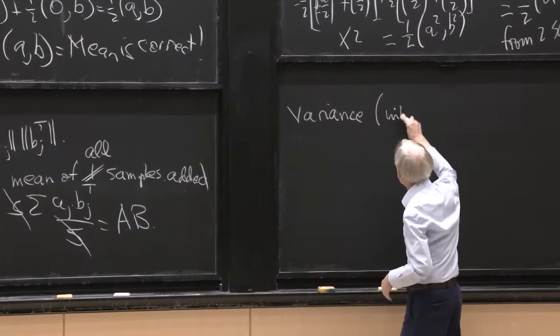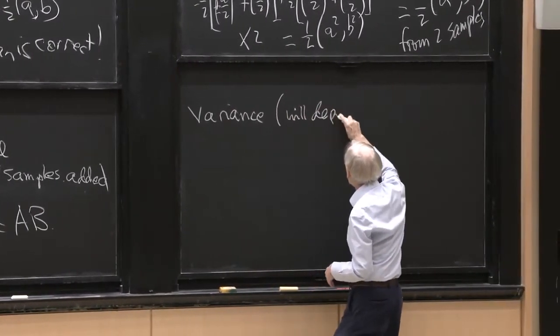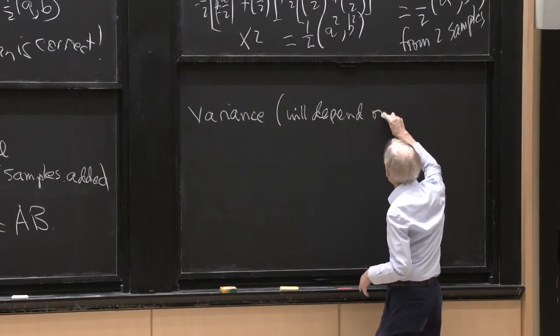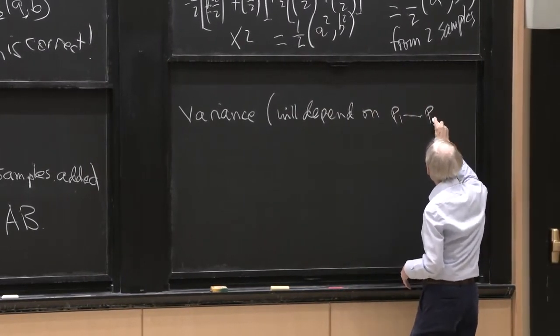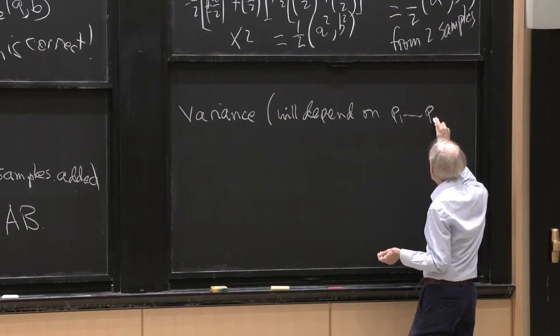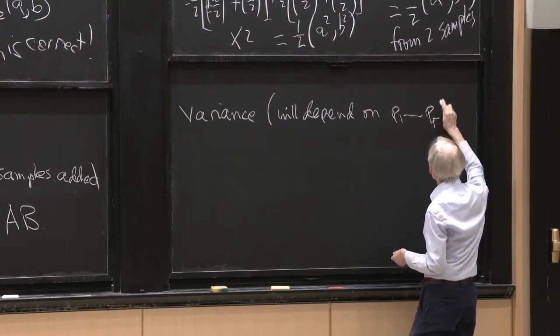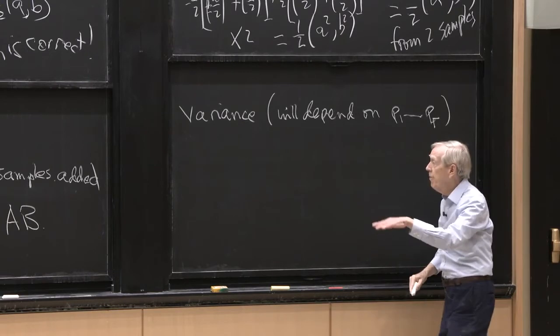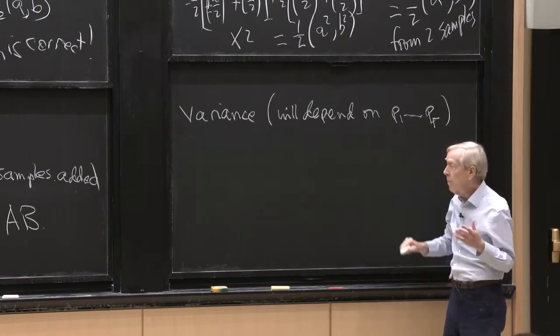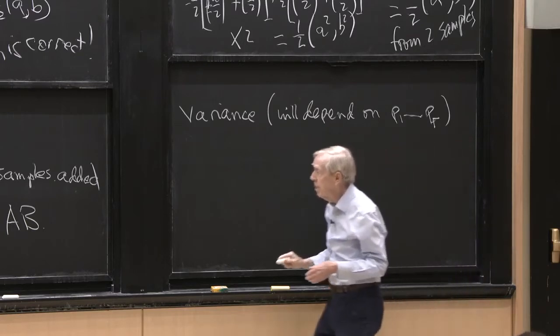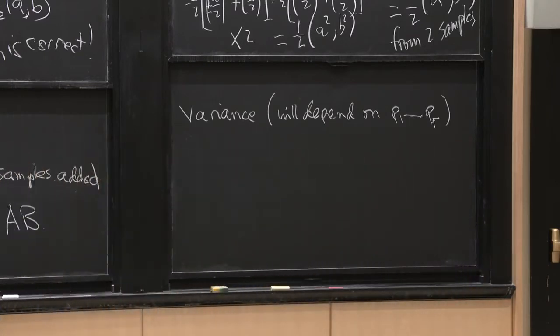It will depend on the p's, P1 to PR, I guess. We had R different column row pairs to choose, and we chose probabilities, these guys, that depended on the size.